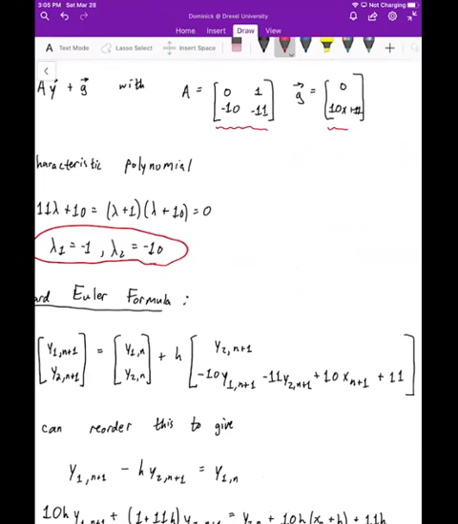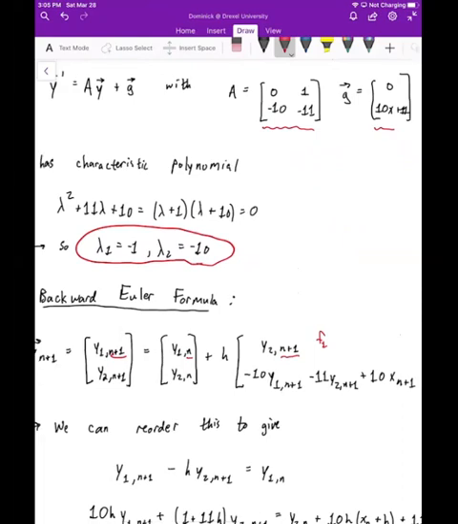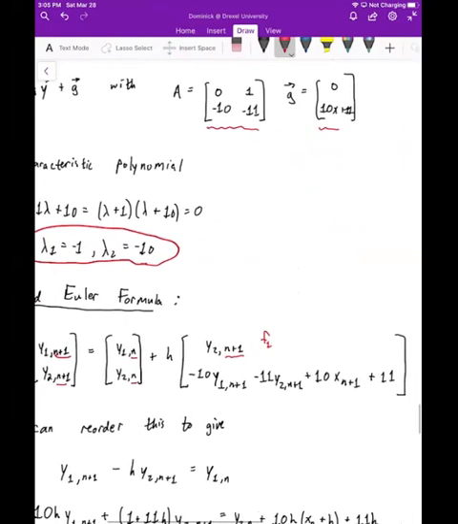So in your first equation, you find the n plus 1 term by taking the nth term and adding it to h times your f1 here, evaluated at your n plus 1 term. And then your second equation has a similar procedure, right? You're finding the n plus 1 term by finding the nth term and adding that to h times f2 evaluated at your n plus 1th term.